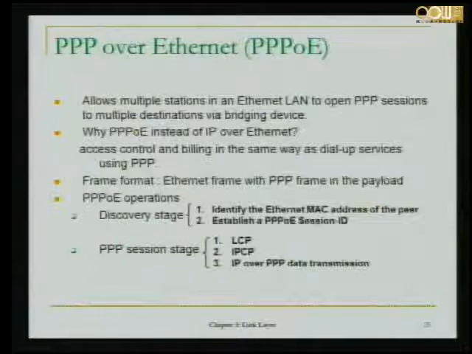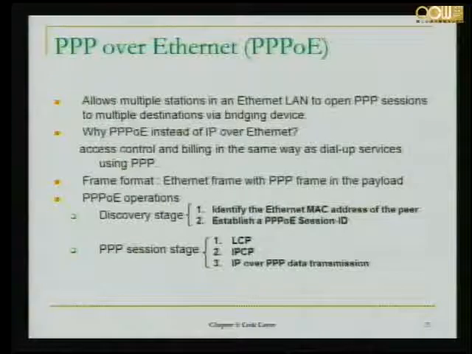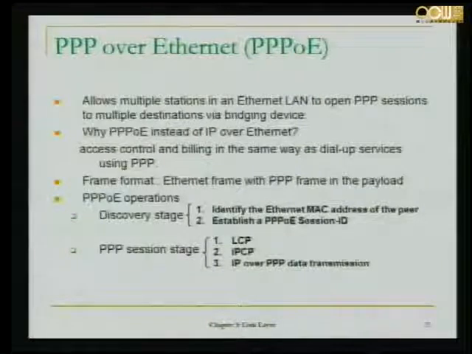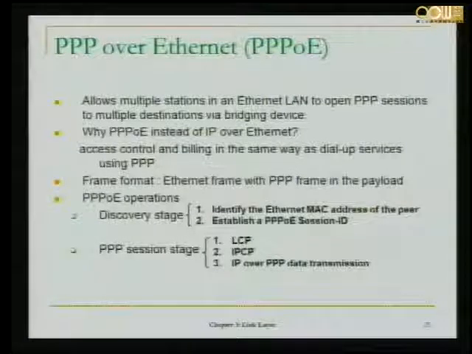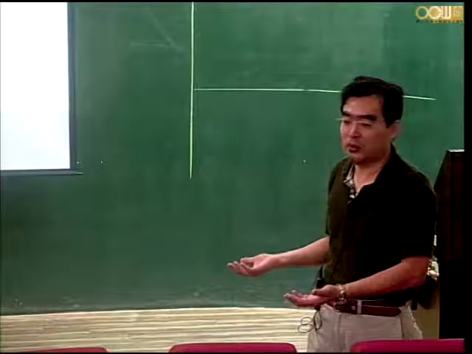That's the question when on campus, for example, you use IP over Ethernet in a wired environment. Why not just use it at home, the same architecture, IP over Ethernet at home? Then they would not be able to bill you individually, right? That's the problem.